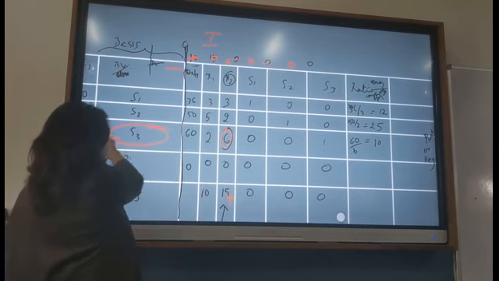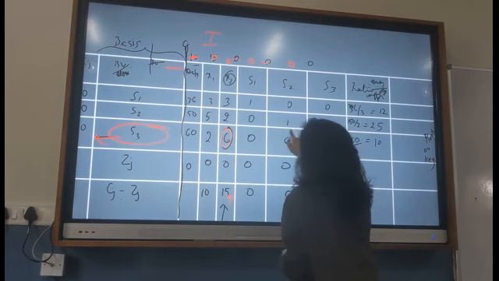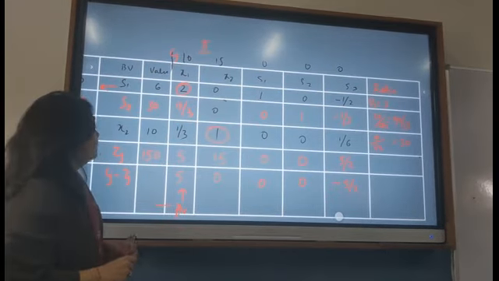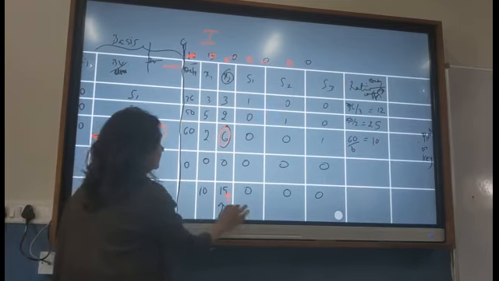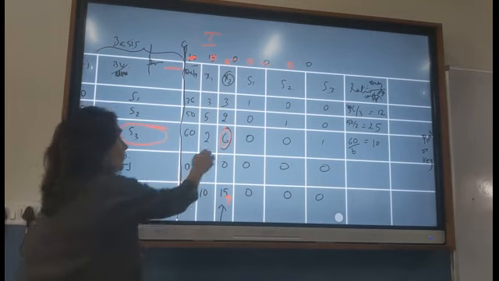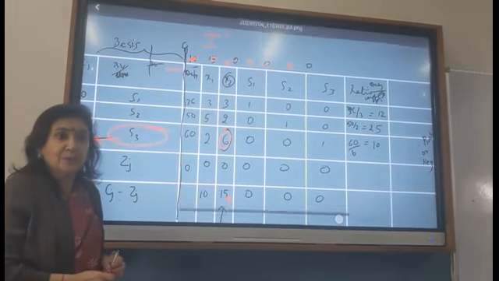The row which is going out, this row S3, you can mark it. This is my key row or pivot row. Between the pivot column and the pivot row, there will be one element which we call the intersectional element.